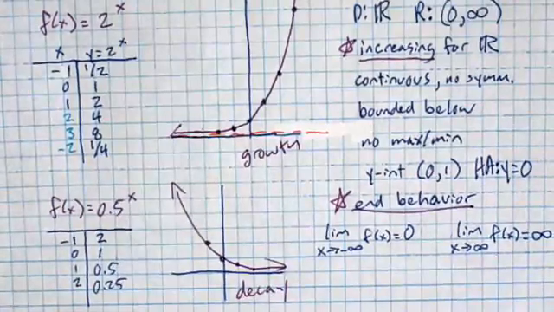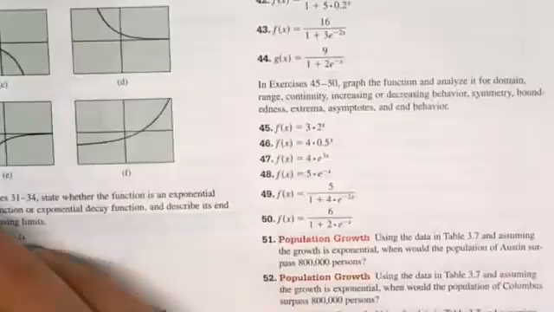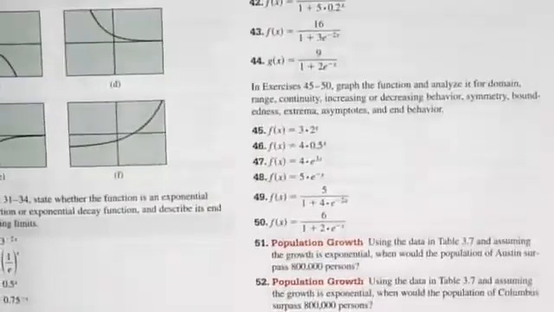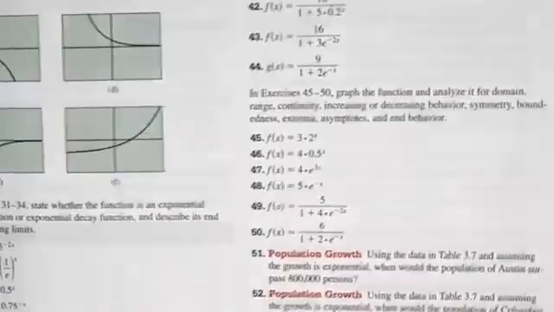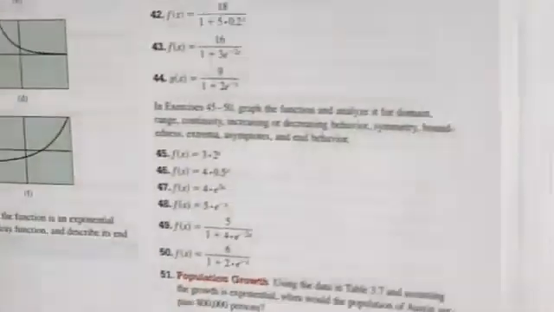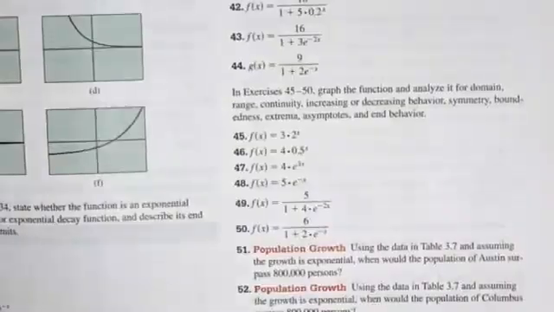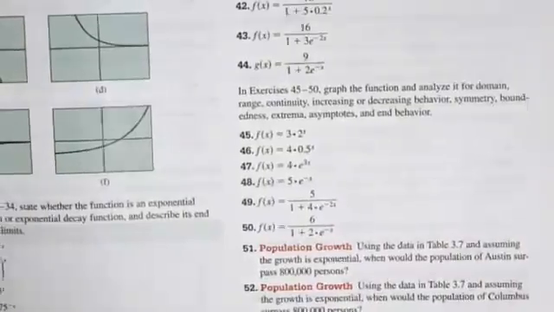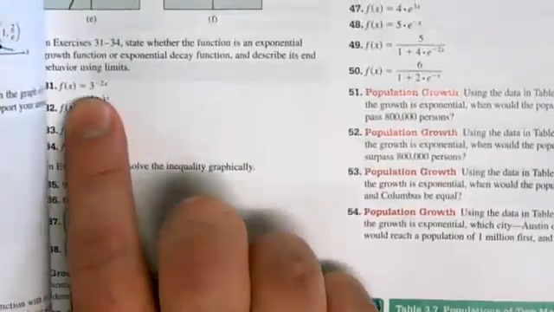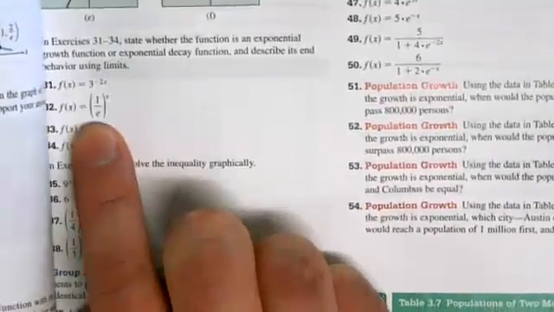Hey, I got some great news for you. There's a whole section of your homework where all you have to do is look at the equation and say whether it's growth or decay. Where is it? I just saw it a second ago. Yeah. So you'll look at something like this to determine if it's growth or decay.